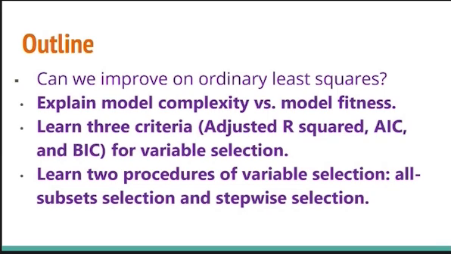When I talk about model complexity, I'm talking about a measure of how flexible or how sophisticated my model is. How flexible in terms of, maybe, the amount of non-linearity it can capture or the number of parameters. And if I'm talking about model fitness, we have to measure.